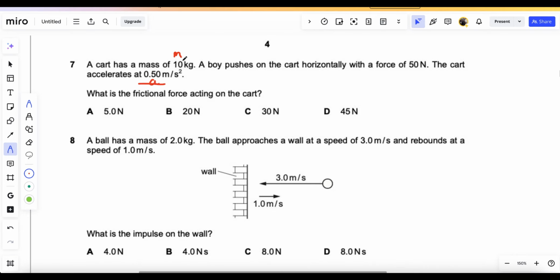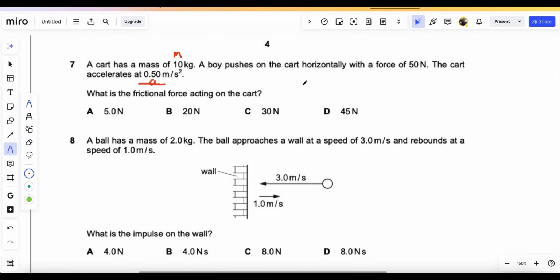Since we know the mass, we can calculate the weight of the cat. 10 times 10 is 100, the weight. A boy pushes the cat horizontally with a force of 50 newtons.